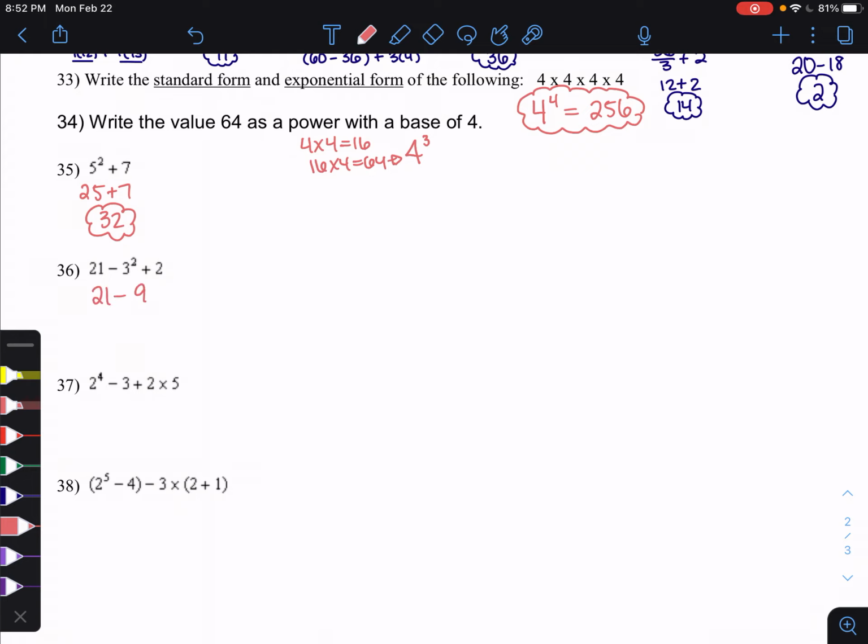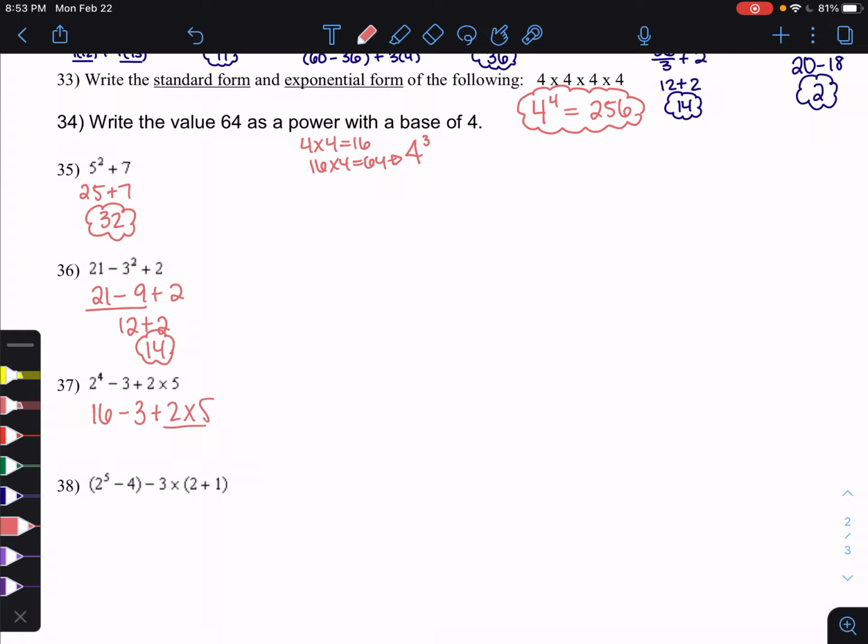21 minus 9 plus 2. And then I go from left to right after my exponent. So 21 minus 9 is going to be 12, plus 2 is 14. 2 to the 4th, 2 times 2 is 4, times 2 is 8, times 2 is 16, minus 3 plus 2 times 5.